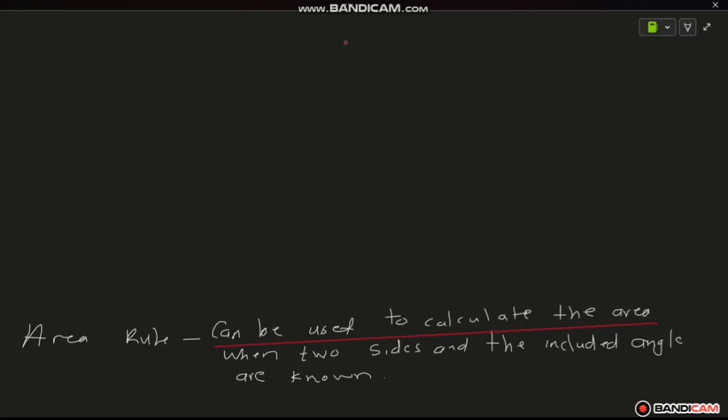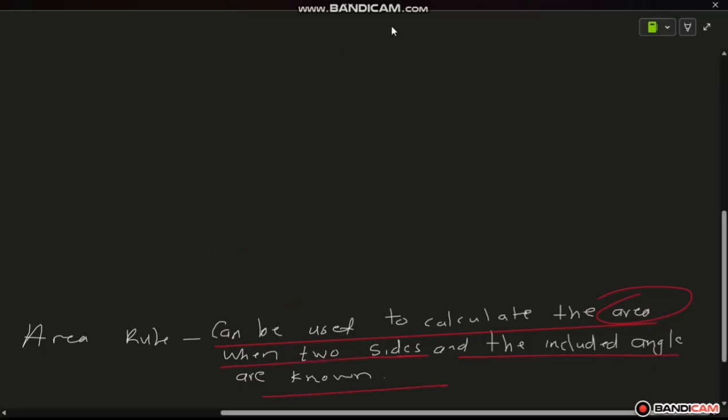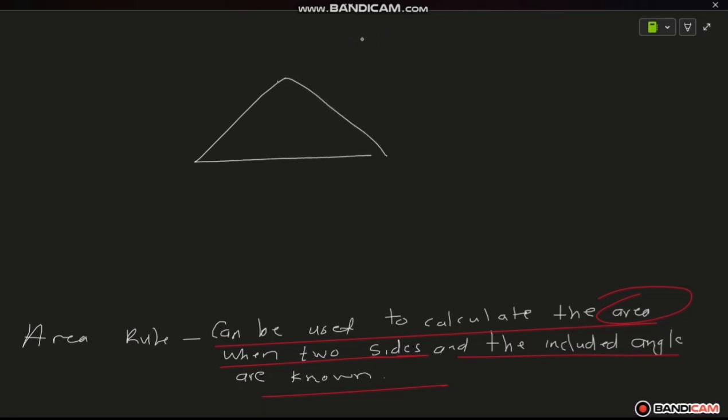It can be used to calculate the area. This one can be used to calculate the area when two sides and the included angle are known. So it's the first note for the cosine rule, because we need two sides and the included angle. Then we can also use what?